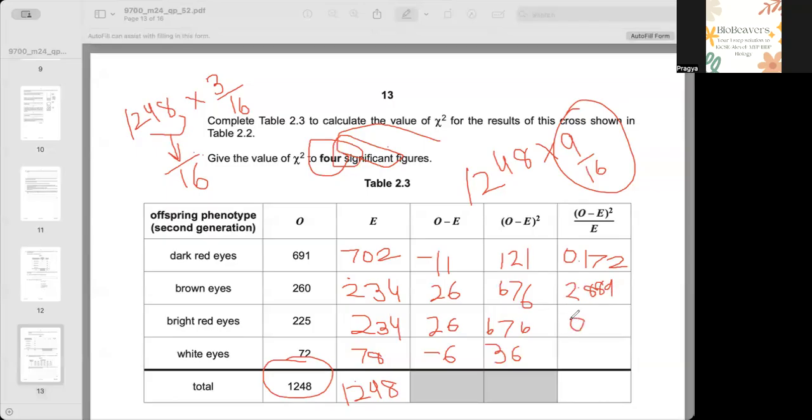Okay, 0.346. Okay, and then we have 0.462.